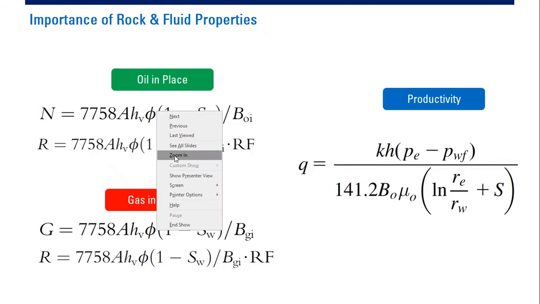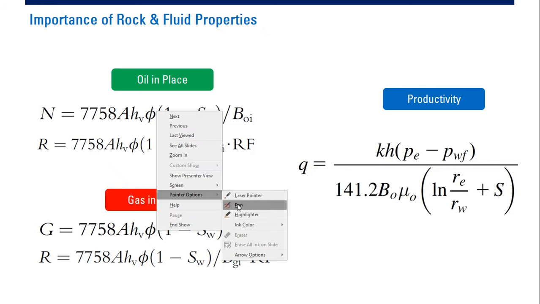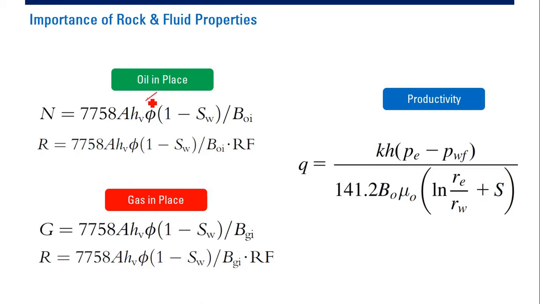Like this one, we have, for example, porosity, a rock property. It will govern the oil in place, and also the saturation, very important. And for the gas also, porosity is very important. Saturation, very important. This is for oil in place or gas in place.